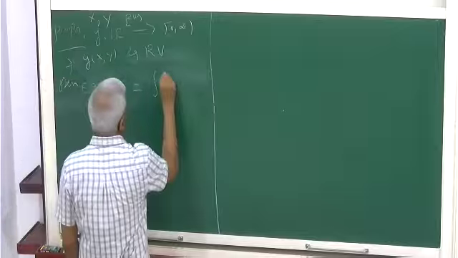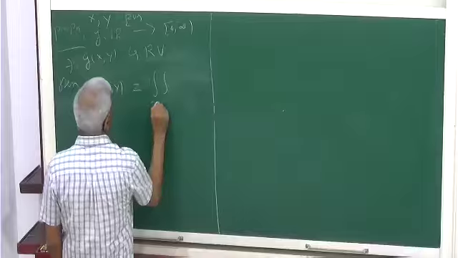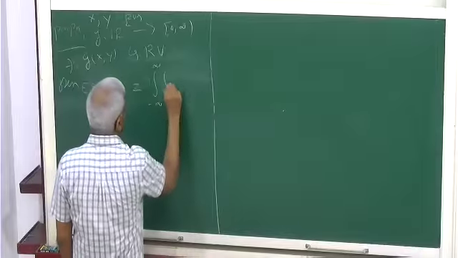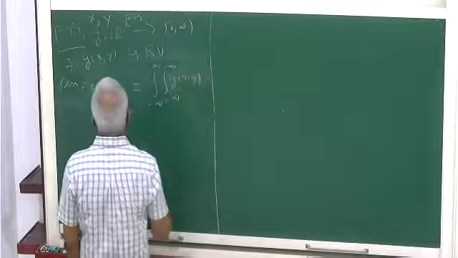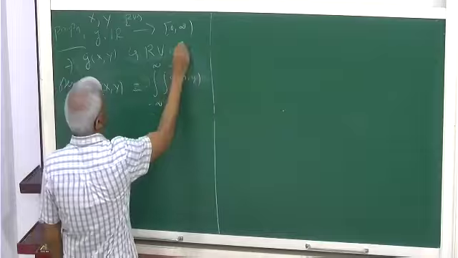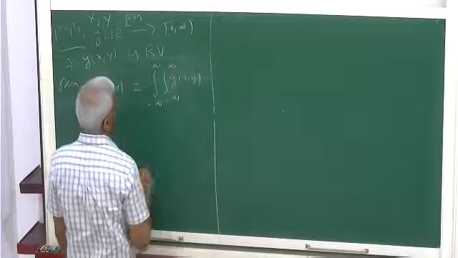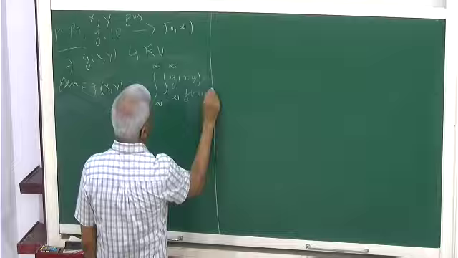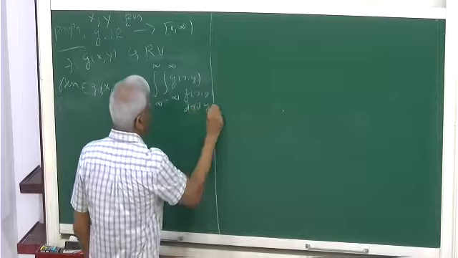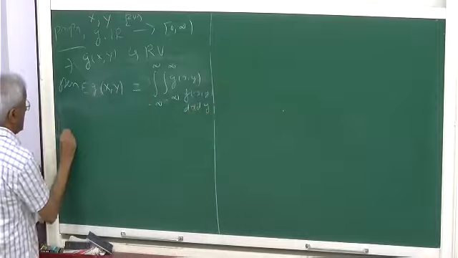This is equal to integral minus infinity to infinity, minus infinity to infinity of G of x, y. I am assuming G is positive, G is positive every time. Integral minus infinity to infinity of G of x, y, f of x, y, dx dy. Okay, let's prove it.